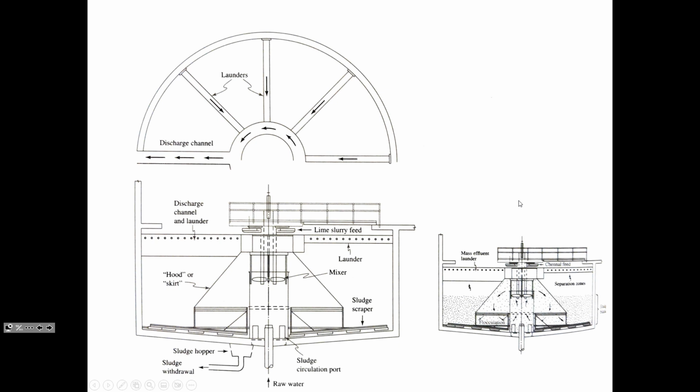Because of the cost associated with really large contact basins, treatment plants are always looking for ways to save space and allow themselves to cram more treatment into less land area.